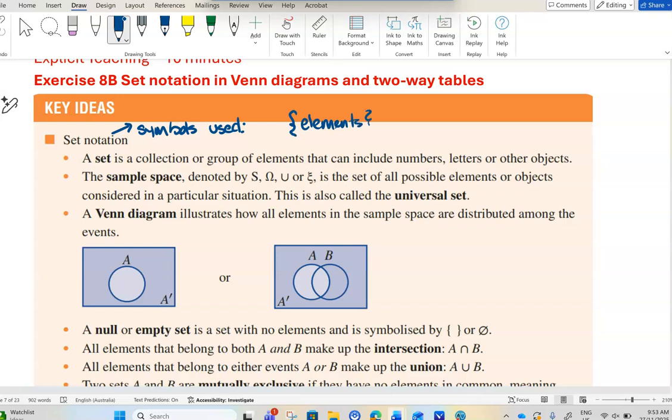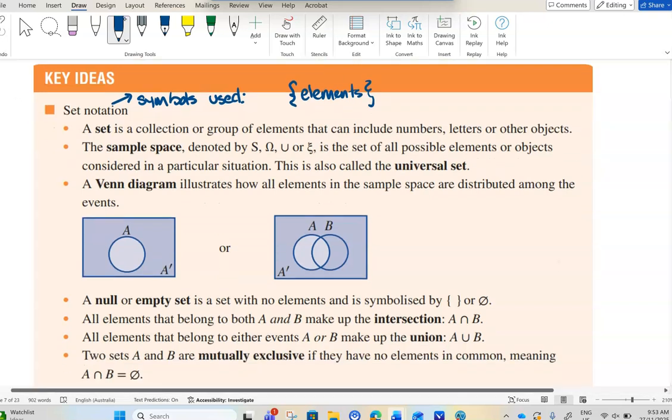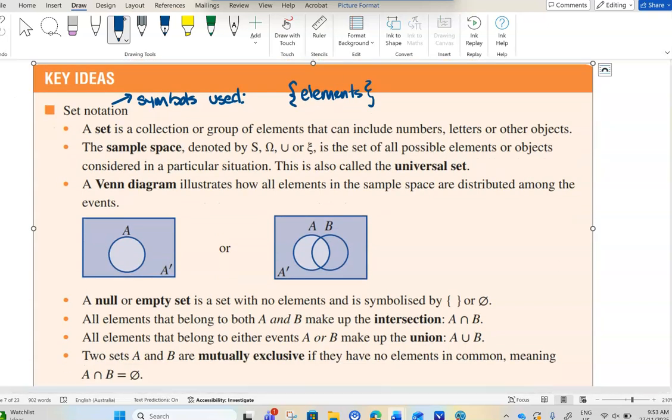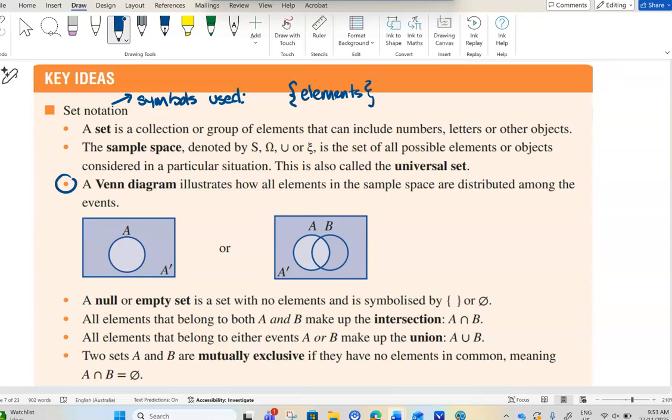Instead of writing out, say, the probability that it's not A, all those words, we shorten it and give it little abbreviations, and that's what set notation is. We're going to see a few of those symbols. Don't worry, when we come across them, we'll explain it. We're going to look at this Venn diagram.